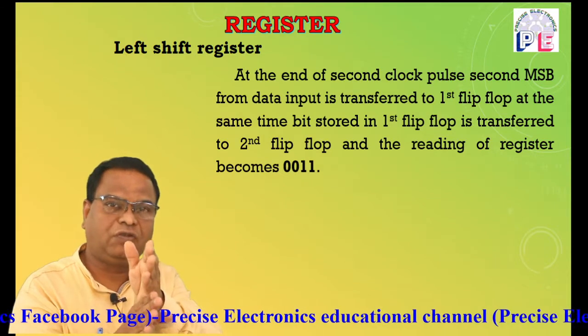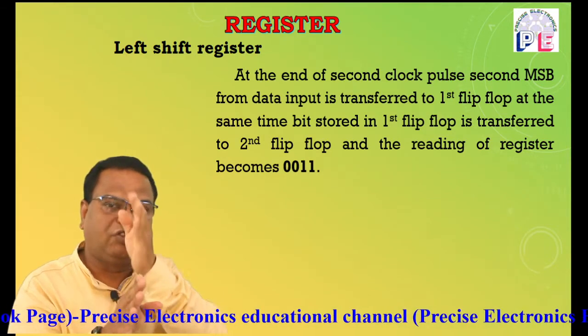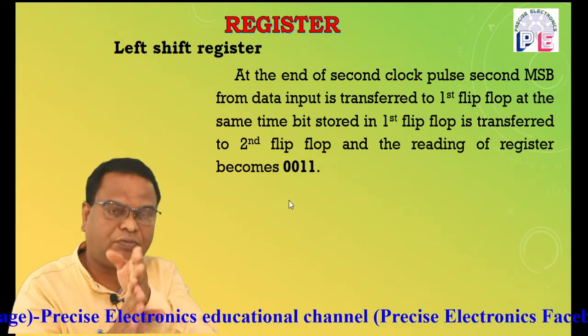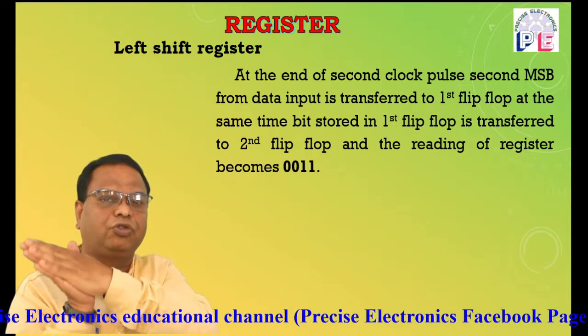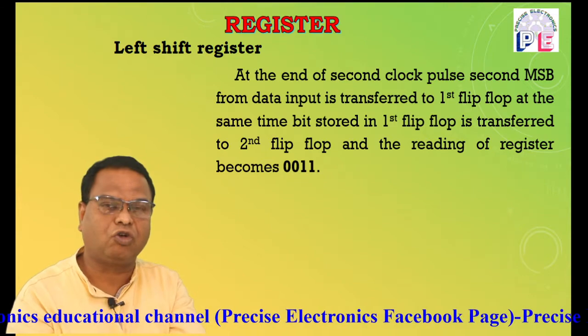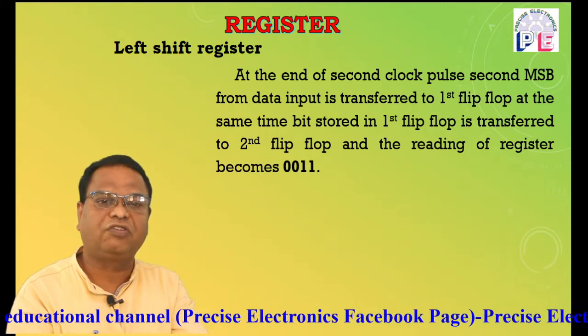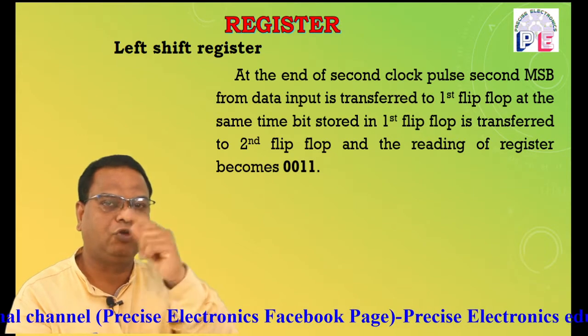The bit stored in the first flip-flop is shifted to the second, the bit stored in the second flip-flop is shifted to the third, and the bit stored in the third is shifted to the fourth. This means at the negative edge of the second clock pulse, the output of the register is now 0, 0, 1, 1.